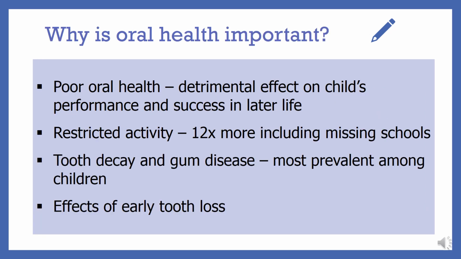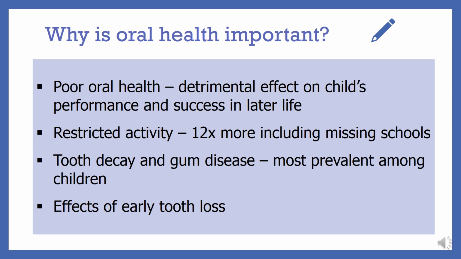Why is oral health important? Poor oral health can have a detrimental effect on children's performance in school and success in later life. And children with poor oral health, on average, are 12 times more likely to have restricted activity days, including missing school, as compared to those who do not.